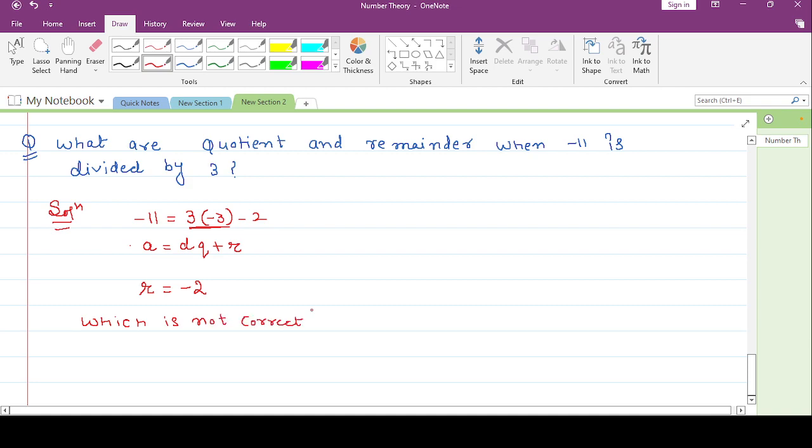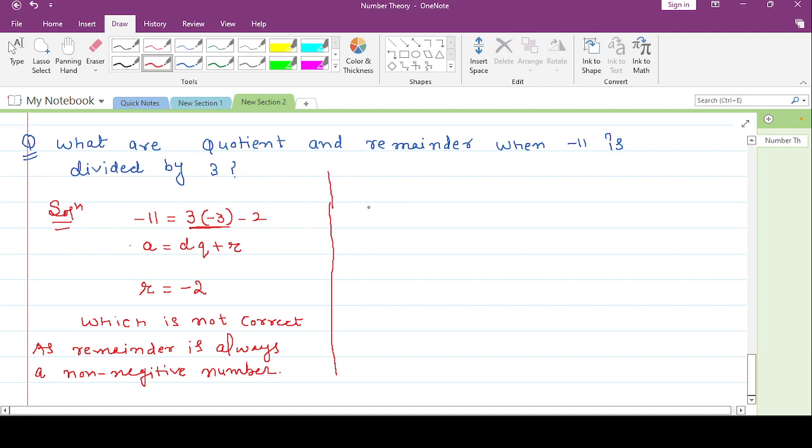It is not correct because you were told that the remainder is always a non-negative number. The majority of students solve the problem like this. So what is the other way to solve the question? This part is completely wrong.